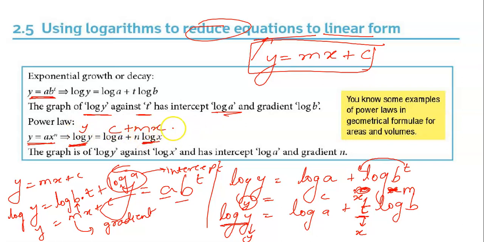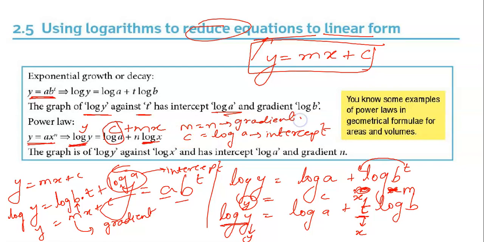So now what is the gradient? Gradient is n. Now what is our intercept? C equals to log of a is our intercept. Okay, children, this is our gradient. Let us move ahead.